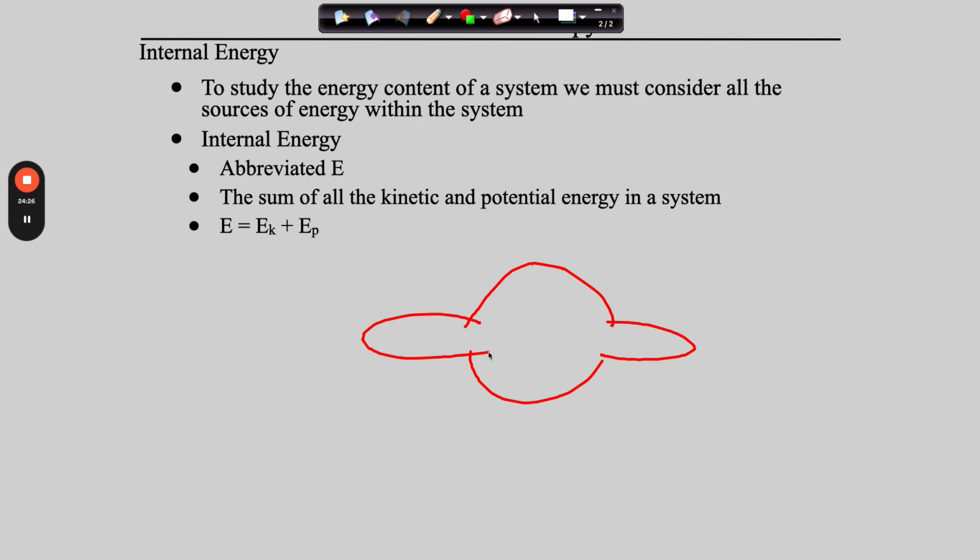How does a system interact with its surroundings? That's it. Work and heat. And guys, if a system interacts with its surroundings by heat, what are we going to see happening in the surroundings? The temperature. Temperature changes. And what if the system interacts with the surroundings through work? What are we going to see? We're going to see things move around.